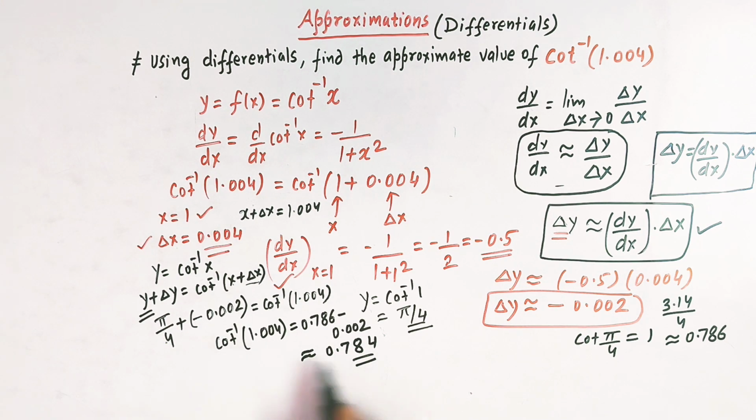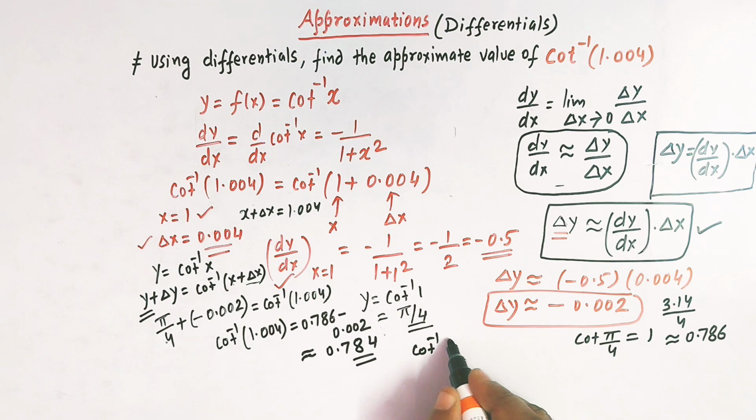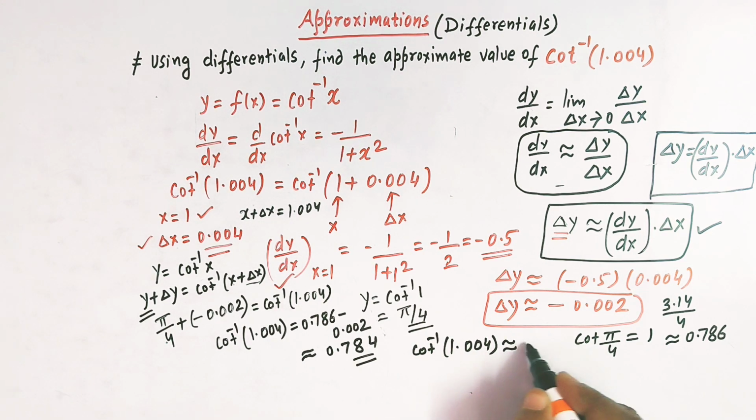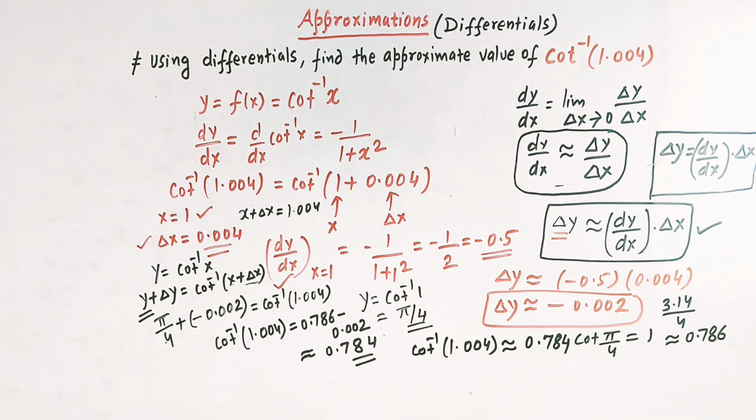So the value of cot inverse 1.004 is approximately equal to 0.784. So viewers, this is how, by making use of the concept of differentials, we can find the approximate value of given quantities.